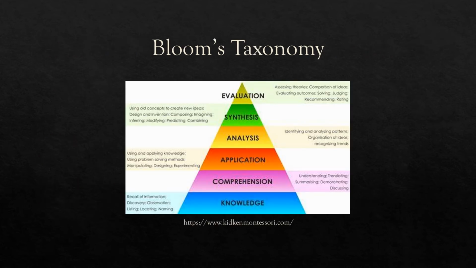Now, before we get too far into it, though, I want to give a quick little refresher on Bloom's taxonomy. And again, this is the exact same slide that we saw in the previous video. One of the things I want you to think about is something I don't think I appreciated as an undergrad, or maybe even as a master's student: the shape of Bloom's taxonomy, and the fact that it is a triangle.